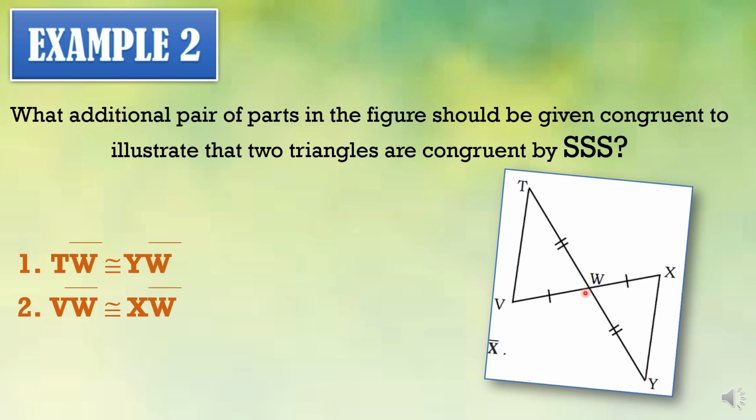And line segment VW is congruent with the line segment XW. So we are looking on the remaining side to be congruent. Yes? You are correct. Therefore, line segment TV is congruent with the line segment YX.